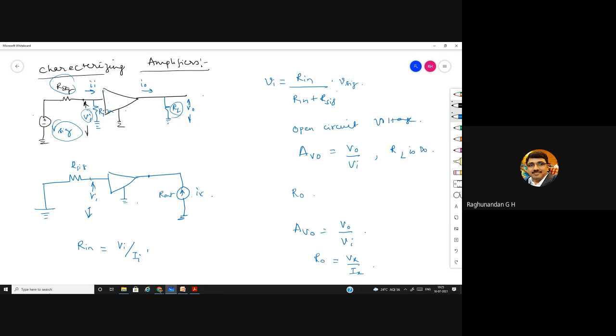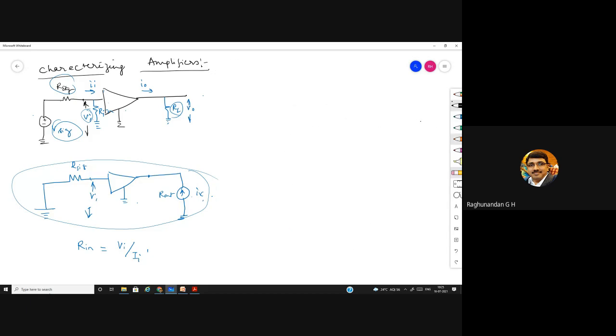So that's why we have taken this particular circuit where we have considered the current to be Ix. Again, from Thevenin's theorem, Vi by Vsig is equal to Rin by Rin plus Rsig.